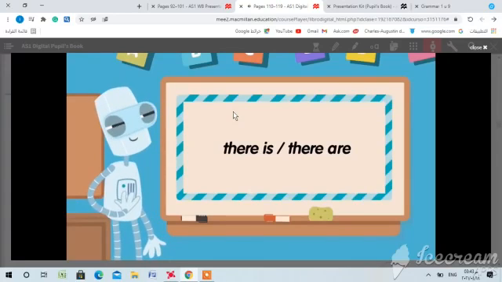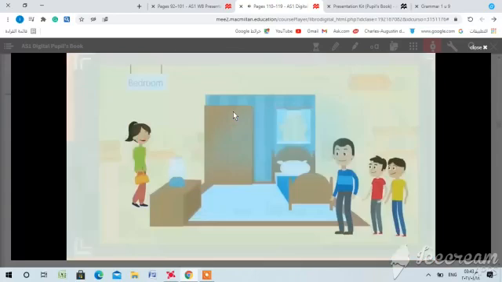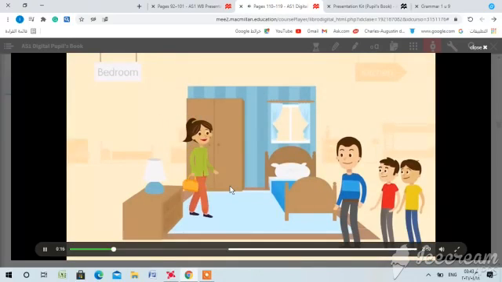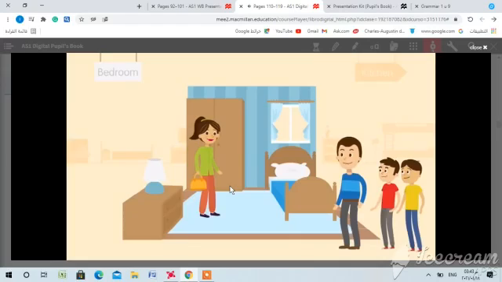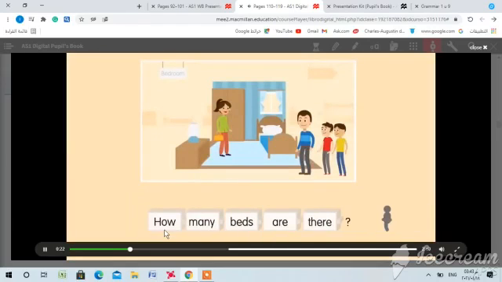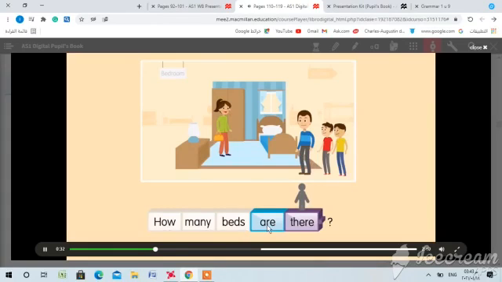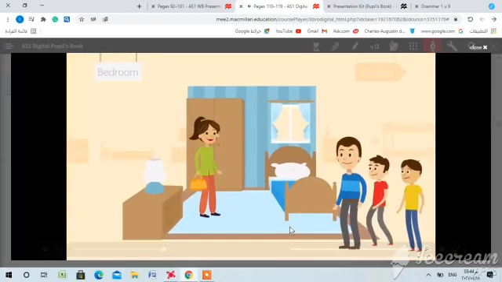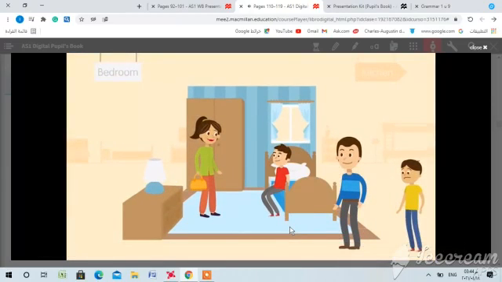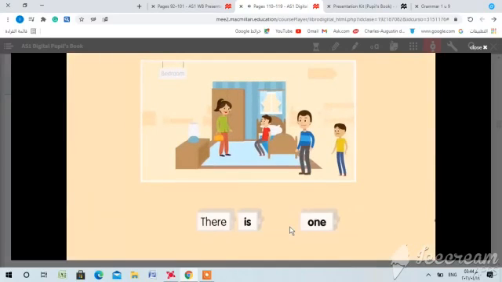There is or there are. How many beds are there? There is one bed.